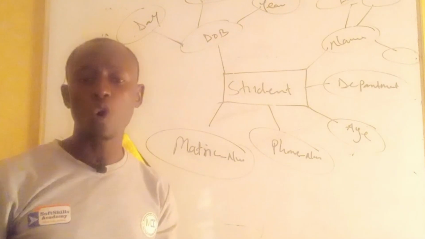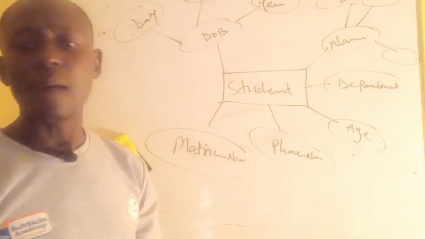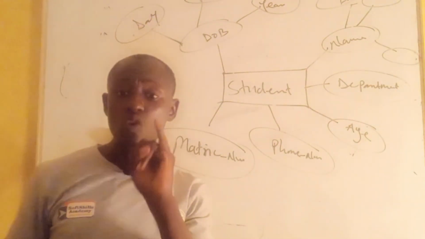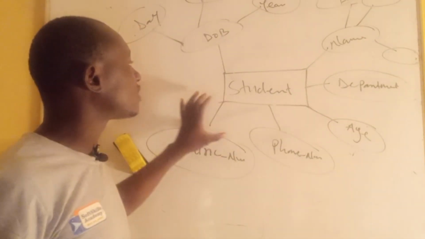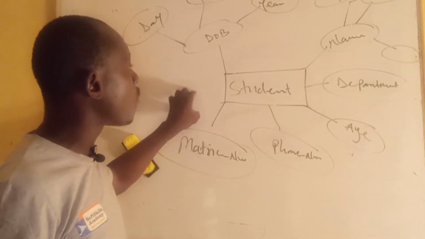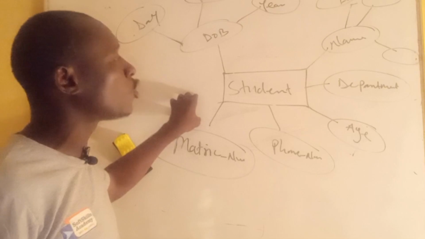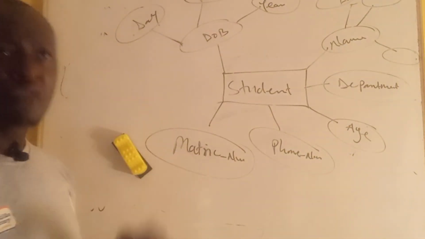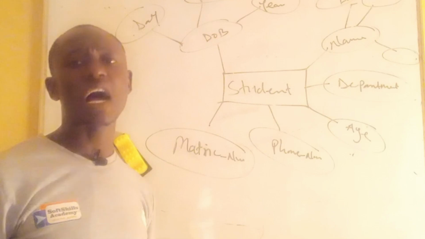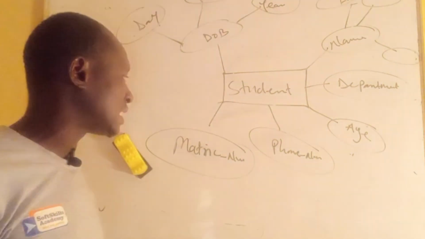One, we have what we call primary key. The primary key is a single attribute that you can use uniquely to verify or to confirm or to find a record within your databases. So it's the most famous attribute you have in database management system.